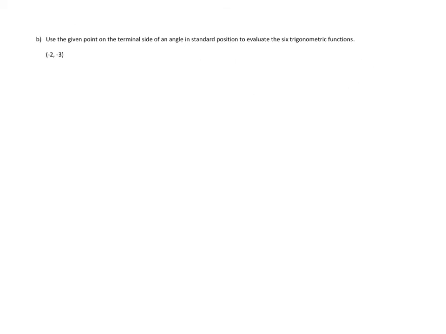Okay, here let's do another example. And here I draw my triangle. So this is (-2, -3), so my triangle is going to be here. Now I make a triangle with the nearest x-axis and the terminal side, and here is theta.